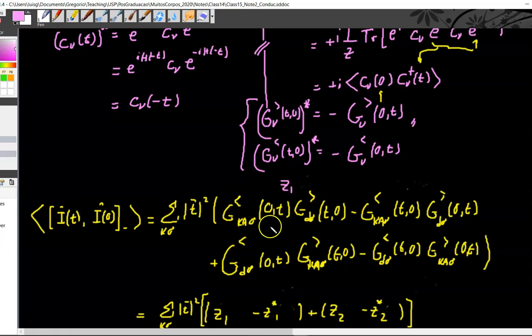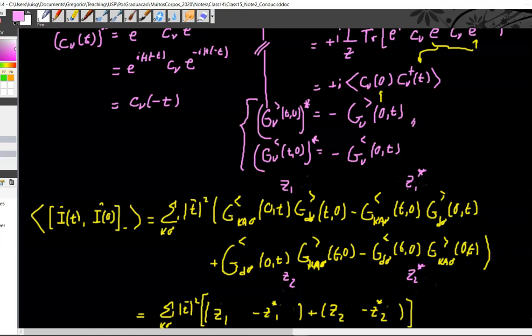So if this is a number Z1, this is Z1 star, same thing here. If this is a number Z2, 0t, t0, got a minus, this star, t0, 0t, another minus, the two minuses cancel, but I still have something like that. So this is Z2, this is Z2 star.